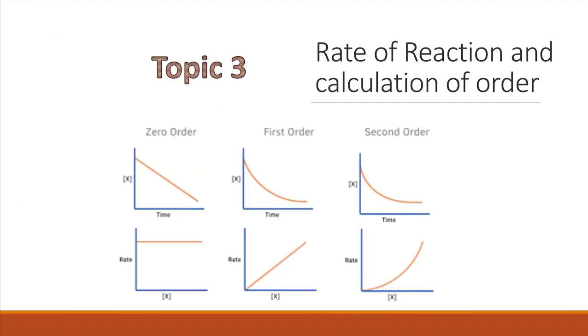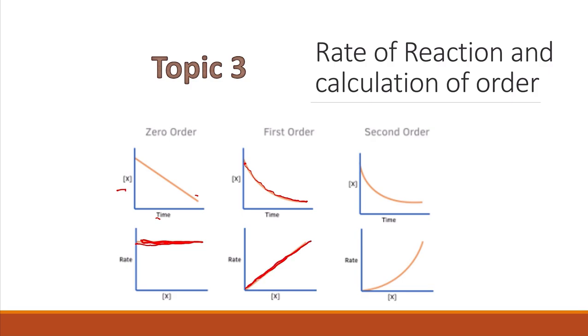Remember the shape of the different graphs, the concentration-time graph and the rate-concentration graphs for zero, first and second order. For zero order, as we said, concentration against time is going to be a straight line, which means that the rate over the concentration is going to be just this flat line here. So no change in the rate. This is zero order. First order, there will be a change in the rate with the change in the concentration, but the change in the rate is going to be directly proportional.